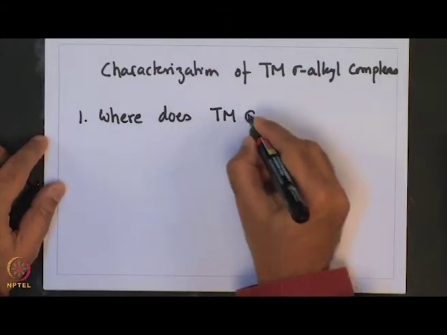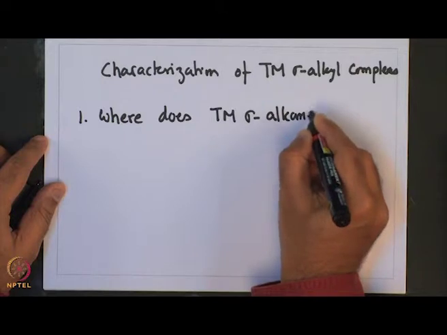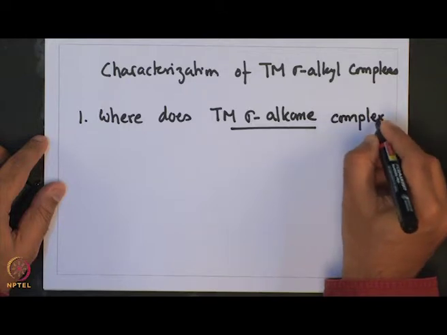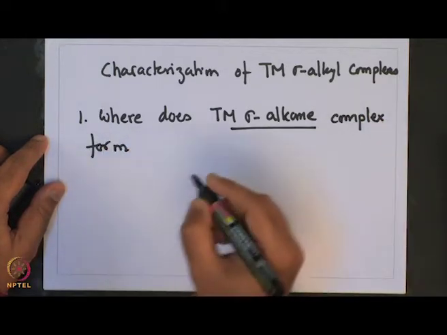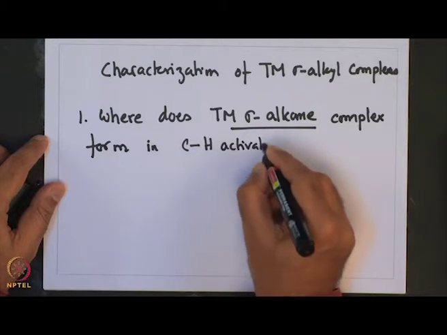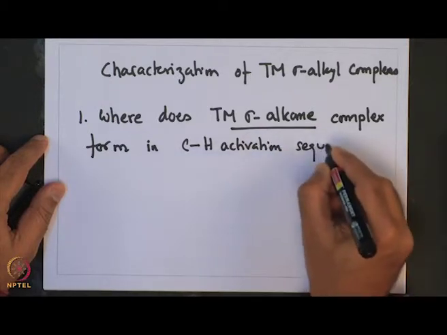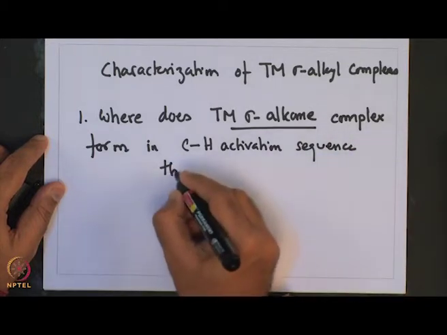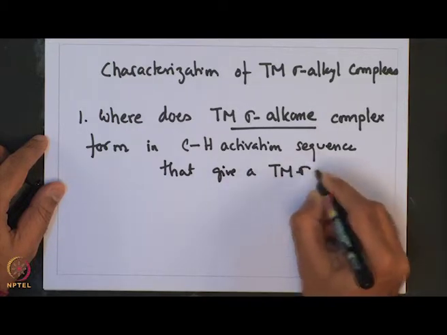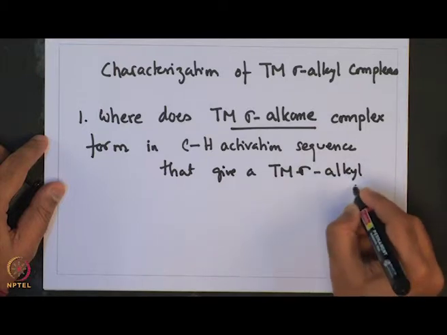So, the first question one asks is, where does the transition metal sigma alkane complex form in the C-H activation sequence that gives a transition metal sigma alkyl complex.